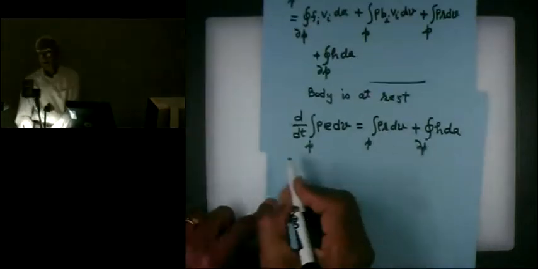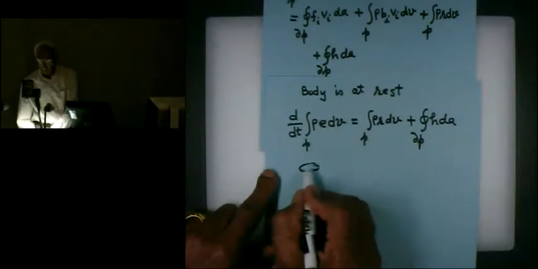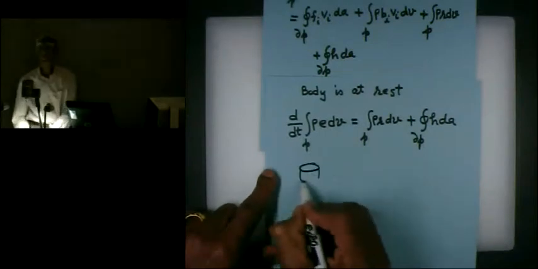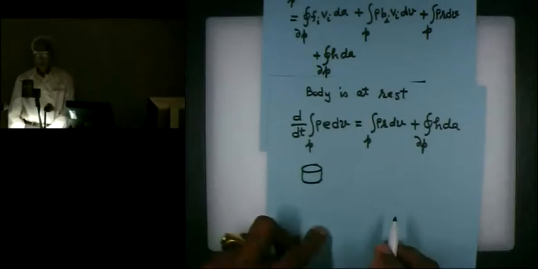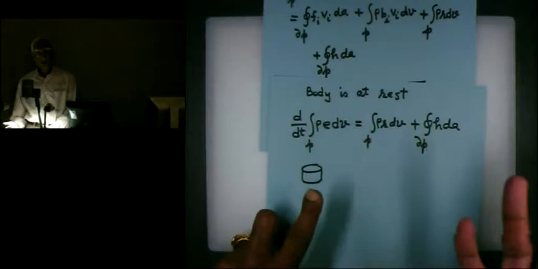Now if you use the argument that this balance of energy holds for a pillbox, remember we use the mean value theorem, so use the same argument.